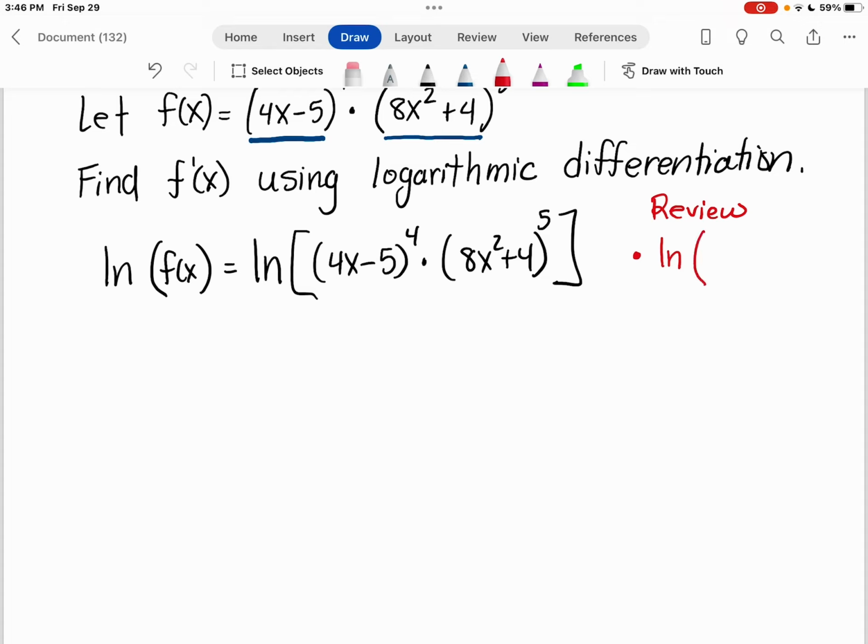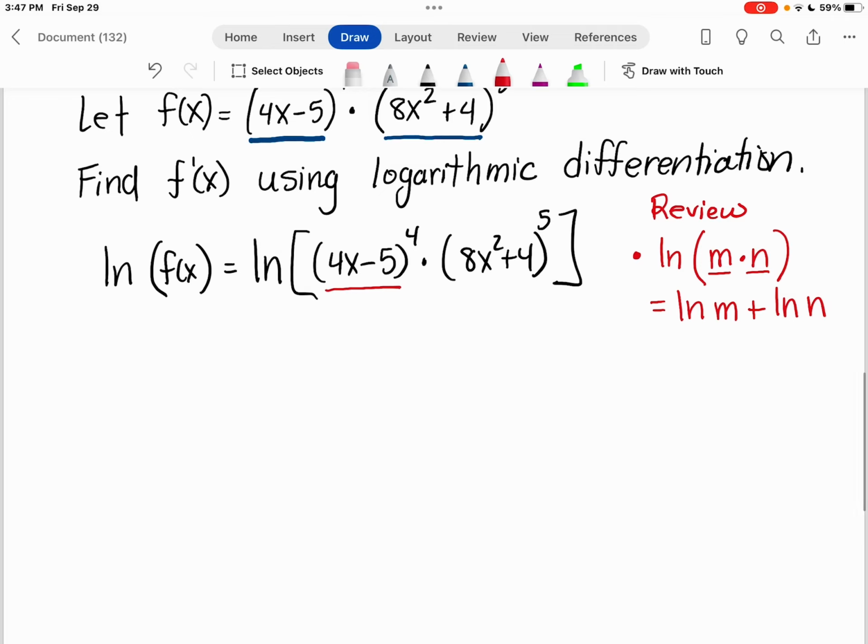If you take the natural log of, let's say, m times n, that is equivalent to saying the natural log of m plus the natural log of n. So I can split this up into an addition problem with the natural log of m and the natural log of n. So we're going to do that first.